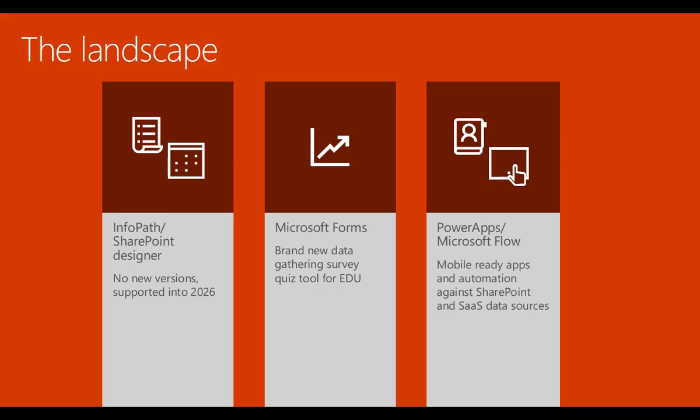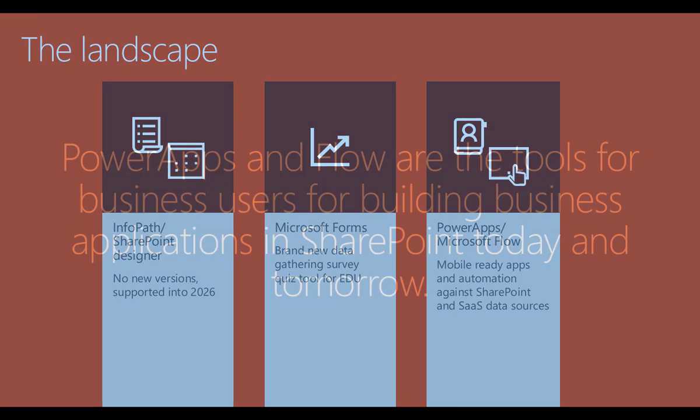So this could be thought of in some ways as a replacement for InfoPath, and Microsoft Flow allows you to automate processes much like SharePoint Designer did. So when it comes to that sort of environment, again, we should be thinking about Power Apps and Microsoft Flow, and they're very different from the original InfoPath and SharePoint Designer, very much modernized to work in the world we face today in the cloud.